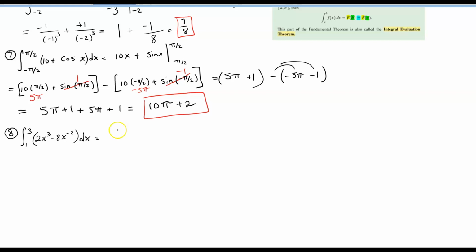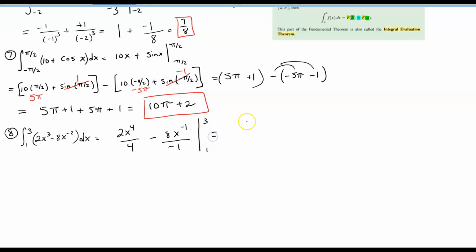All right, so we are going to apply the antiderivative power rule here. We have 2x to the 4th power divided by 4, because you add 1, remember, minus 8x to the, in this case, negative 1, and then divided by the new power, negative 1. So then we evaluate that from 1 to 3.